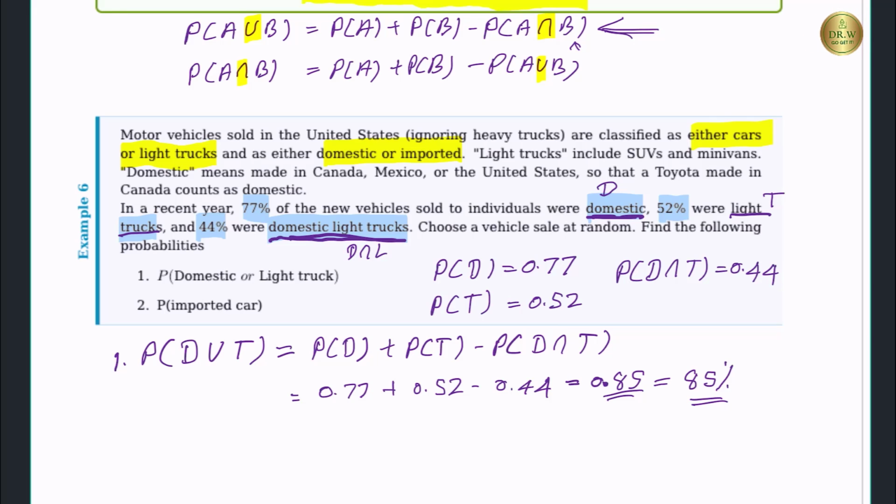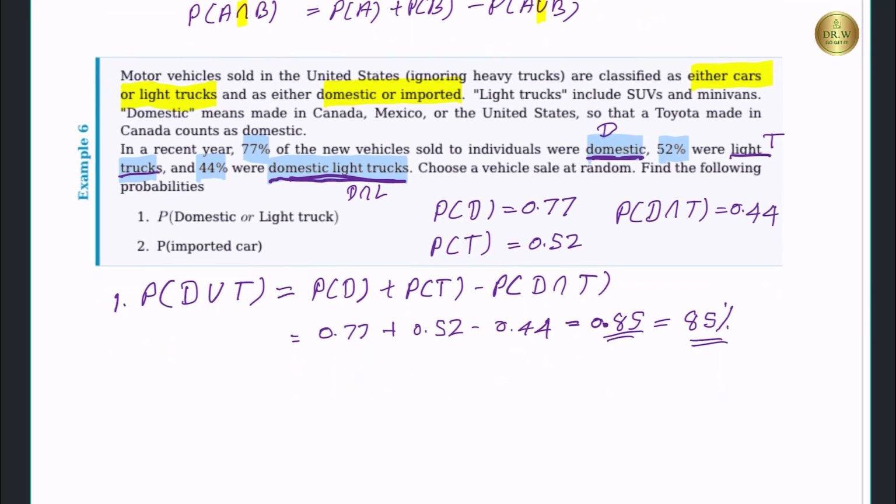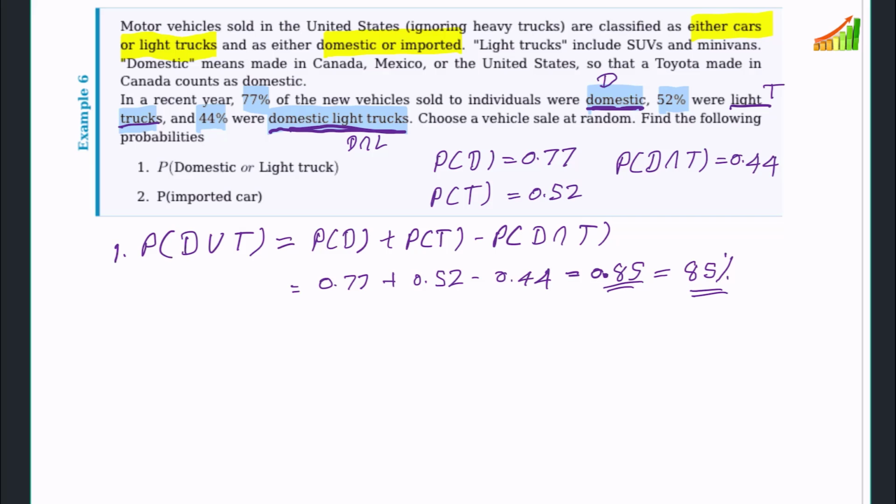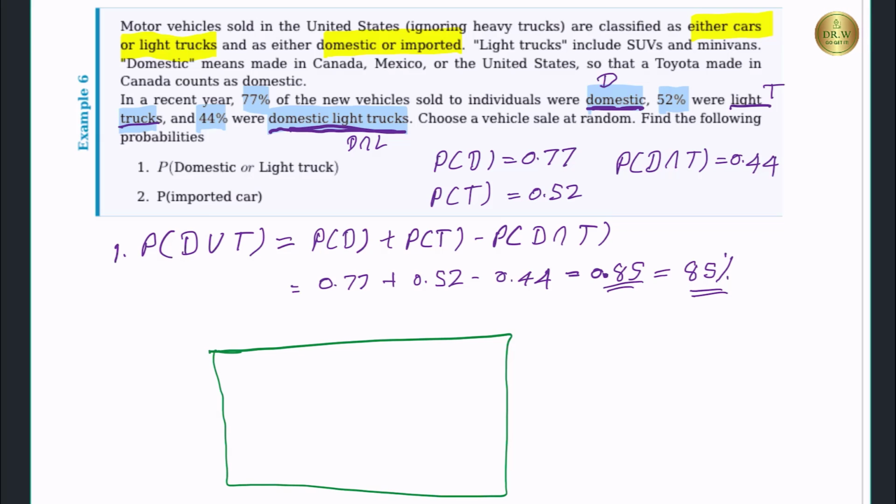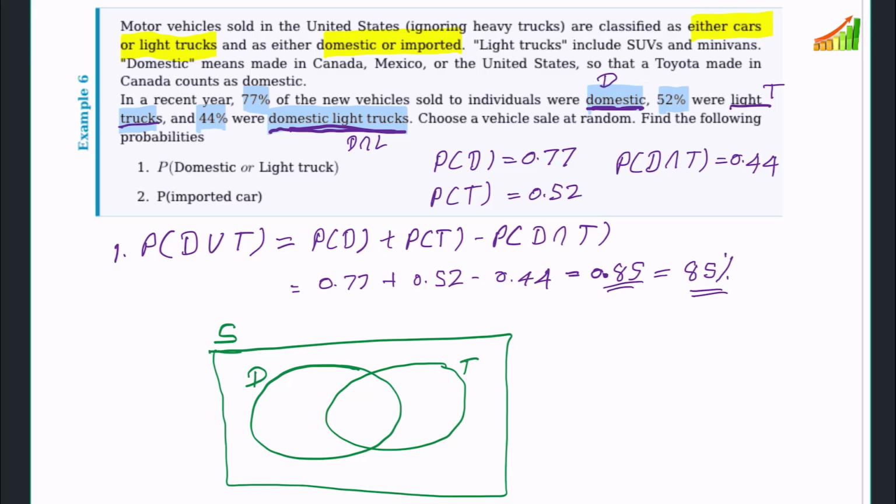Before I go to the second, let me explain how to use a Venn diagram to represent this data. In the Venn diagram, we have the sample space S and two events, D and T. What is the sample space here? You should understand that as well.